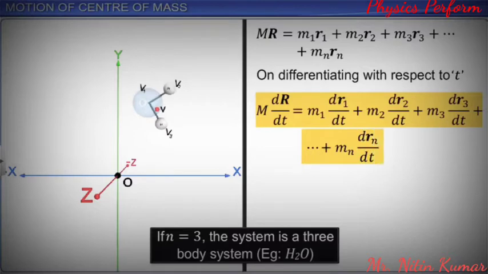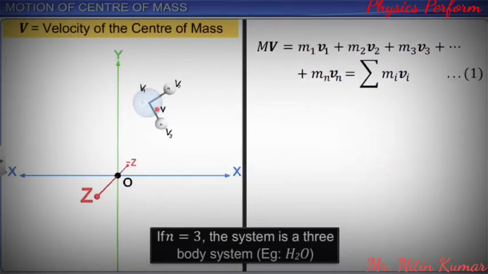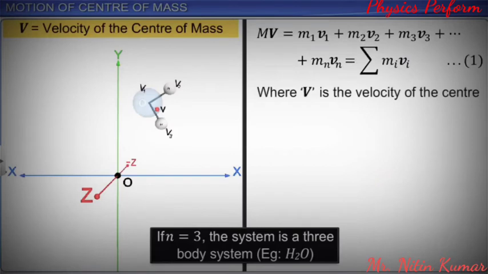MV is equal to m1 v1 plus m2 v2 plus m3 v3, and so on, plus mn vn, which is equal to sigma mi vi. Let this be equation 1, where V is the velocity of the center of mass and vi represents the velocity of the ith particle.